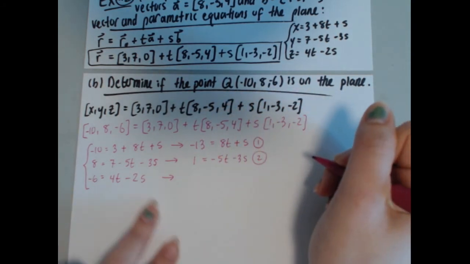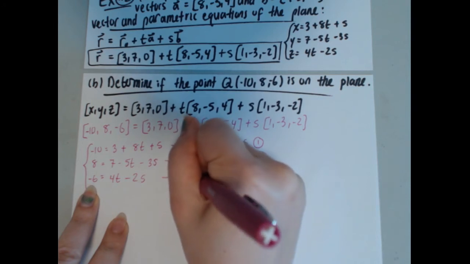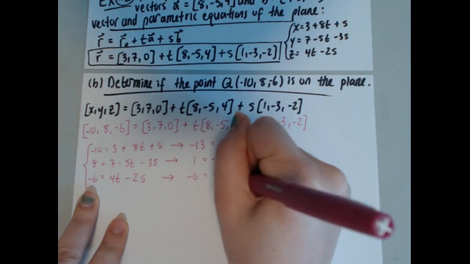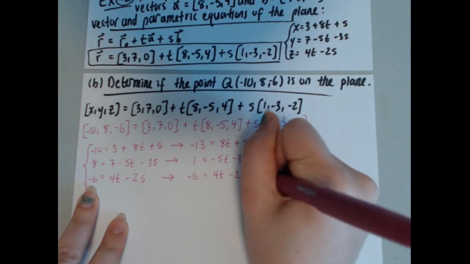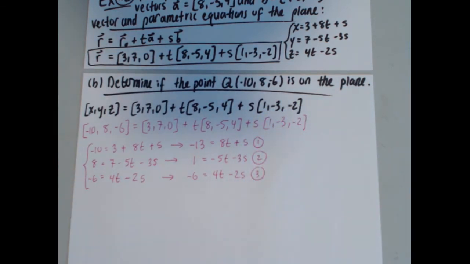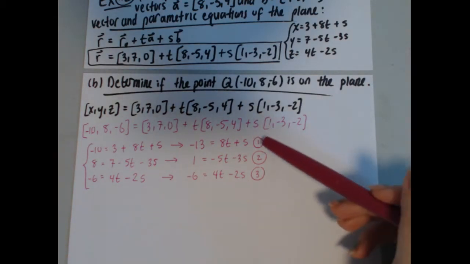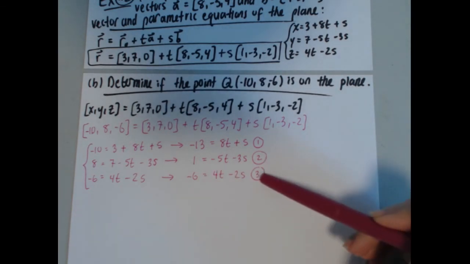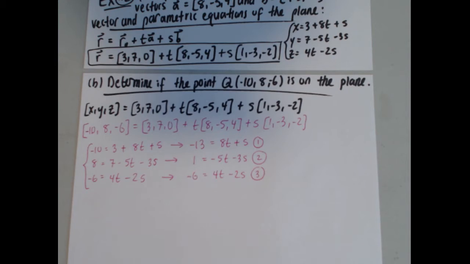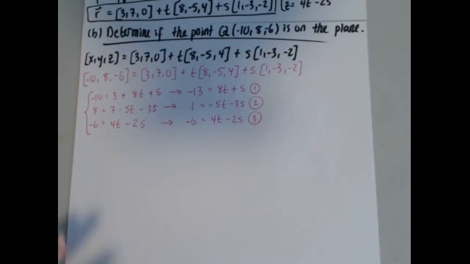That's equation 2. And finally, this one's already set up: -6 equals 4t minus 2s. That's equation 3. Again, you need only 2 equations. Pick any 2 and then plug it into the last one. Just because it's ordered like this, I'm going to use equations 1 and 2 to solve for s and t, and then plug those values into equation 3. Again, it doesn't matter which order you pick as long as you follow the steps I've outlined.